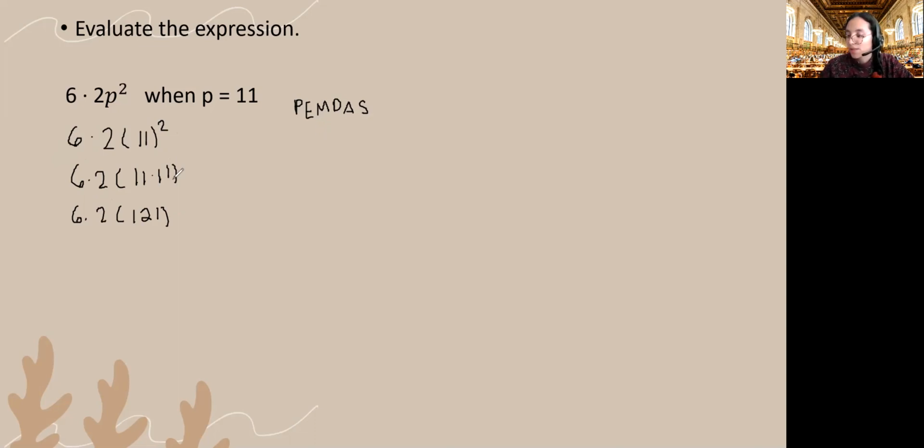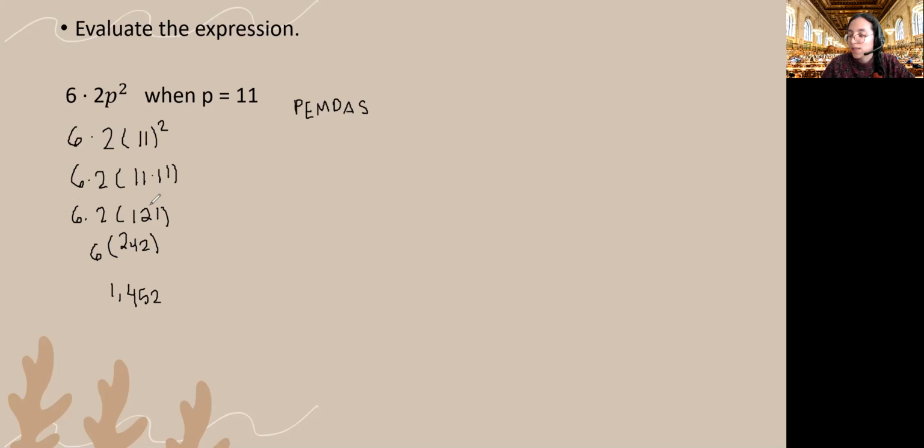But just for the sake of going step by step, I'm going to multiply 2 times 121, and this is going to be 242. Now I can multiply the 6, so 6 times 242 will give me 1,452.